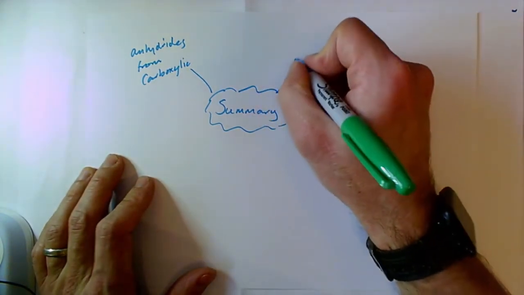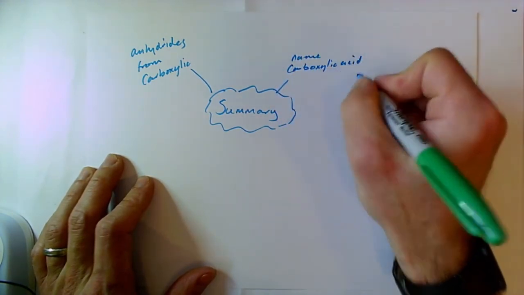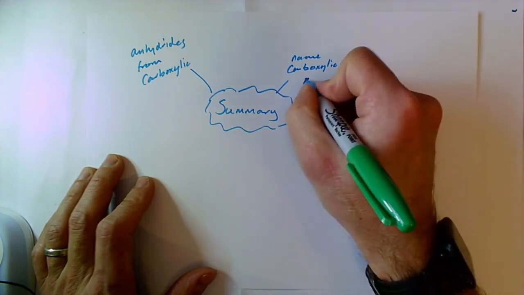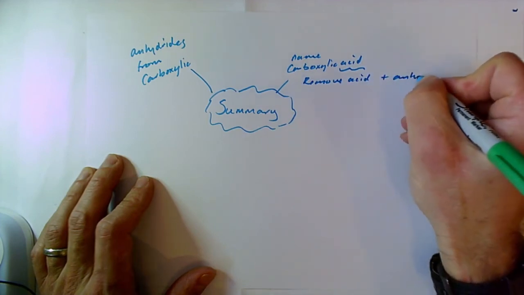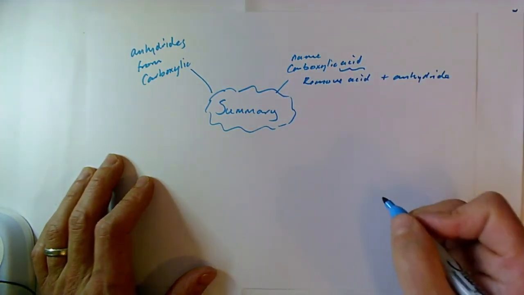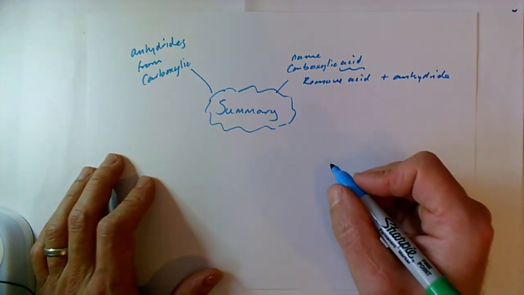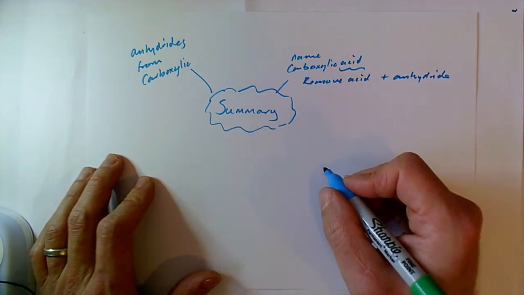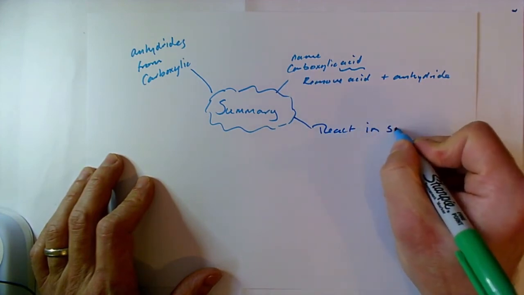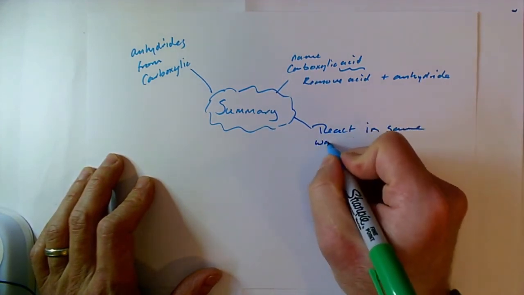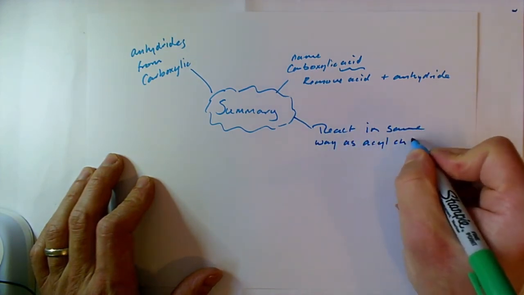We name them by taking the carboxylic acid name, removing the acid from the name, and then adding anhydride in its place: ethanoic anhydride, propanoic anhydride, 2-methylbutanoic anhydride, whatever it's going to be. And we've also discovered that they react in the same way, or at least to make the same products as the acid chlorides.